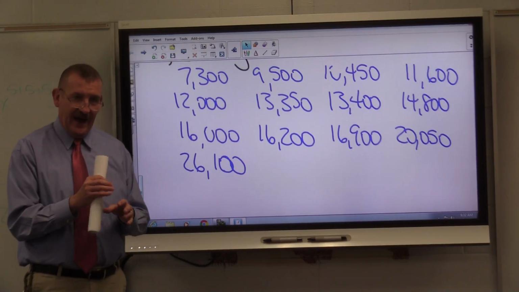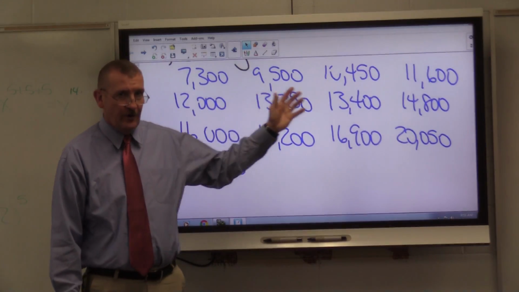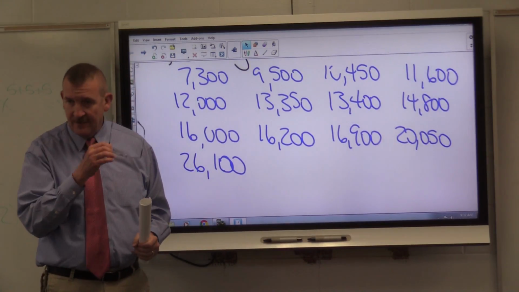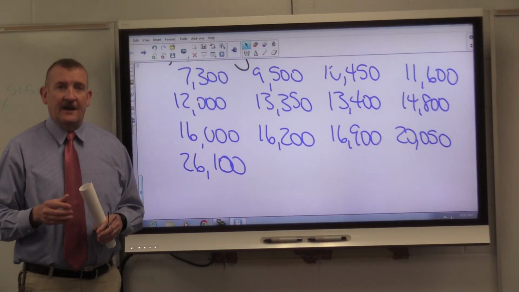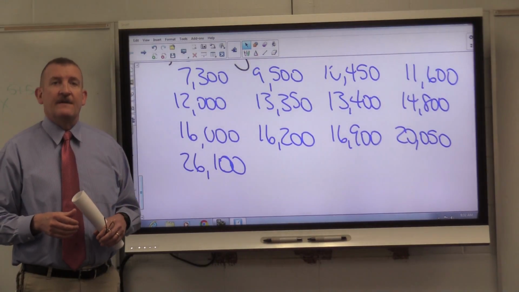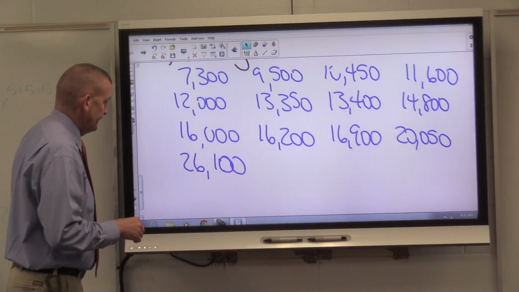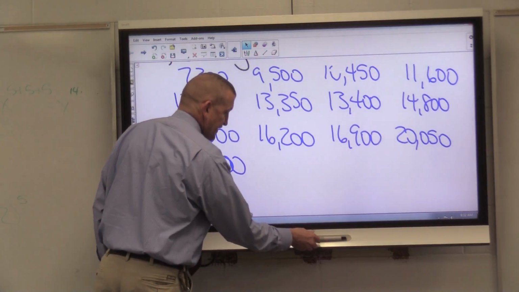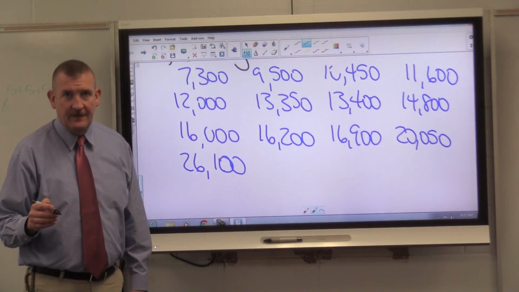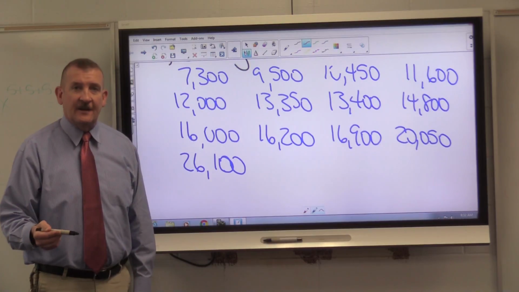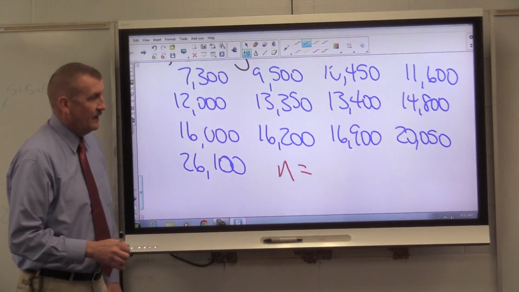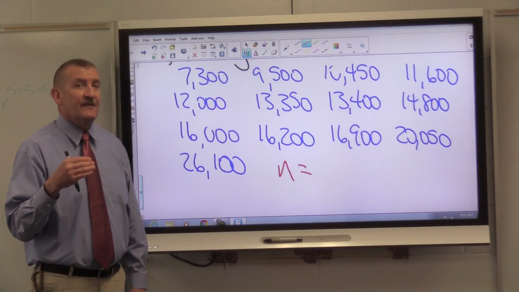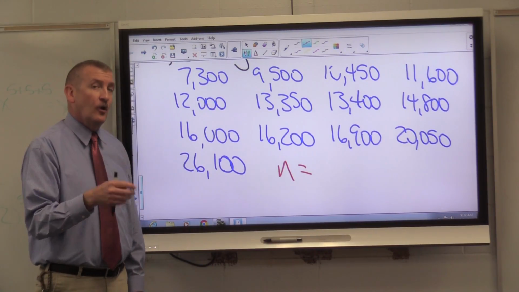And again, class, I will give you your data set in an ordered fashion. Okay? And what I want you to do is, we're going to calculate the different measures of variation. Now, the first thing I suggest you do is to calculate the total number in your data set, because that's going to have an effect on your upper and lower quartiles.